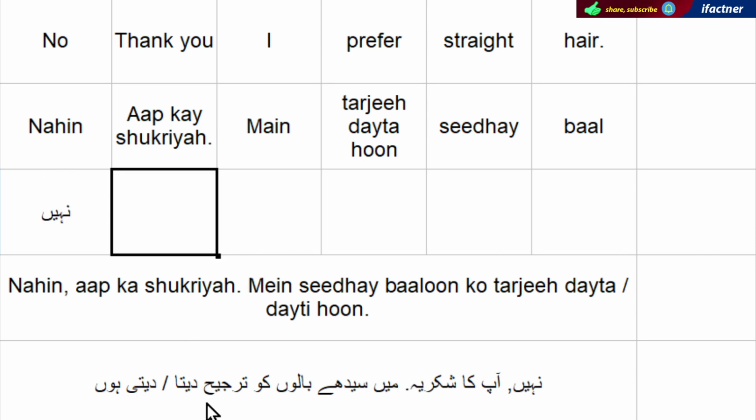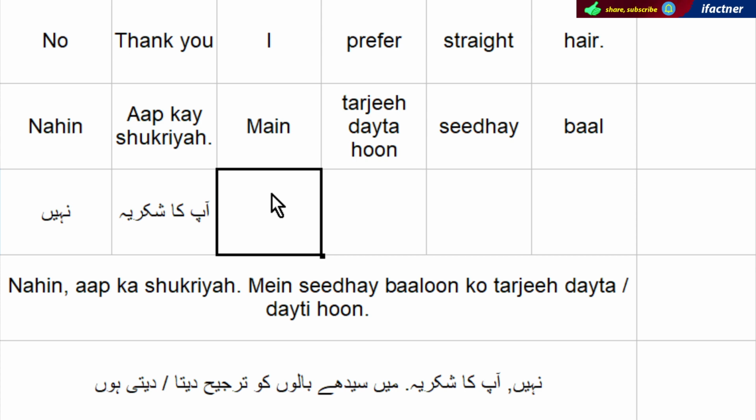Thank you is आपका शुक्रिया, which is typed as alif madda pe sakin आप and ka is kaf alif ka. शुक्रिया is sheen pesh kaf शुक ye he शुक्रिया. मैं is mim ye, and noon.